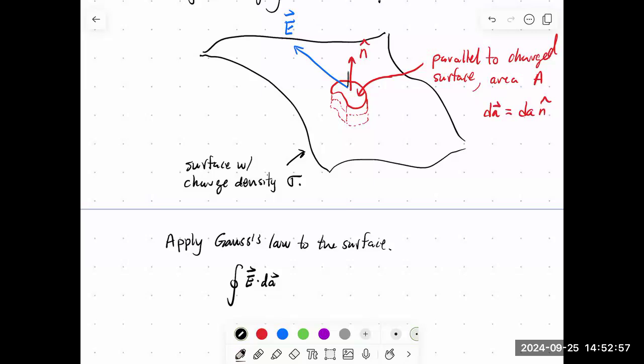It's a little weird, but I'm going to call the component parallel to n hat E perpendicular, because it's perpendicular to the surface we're thinking about. And then there's a component that is perpendicular to n hat and parallel to the surface, and I'm going to call that E parallel.